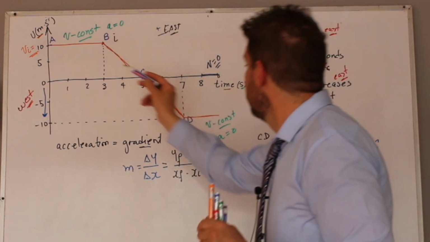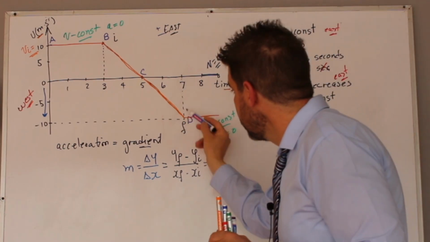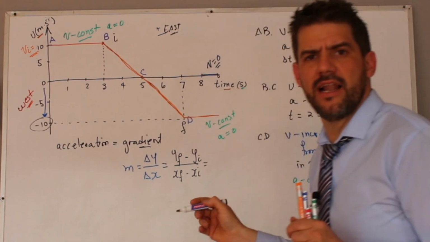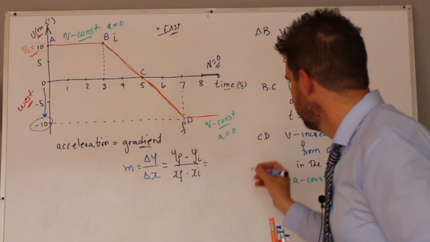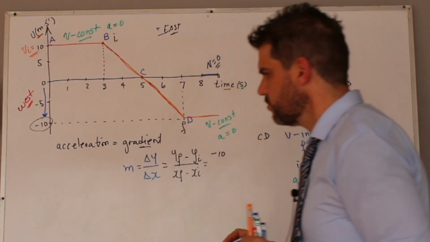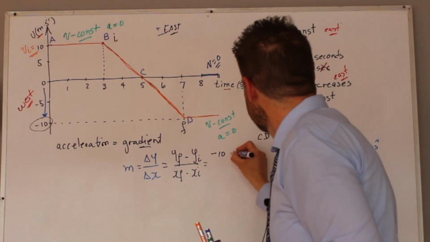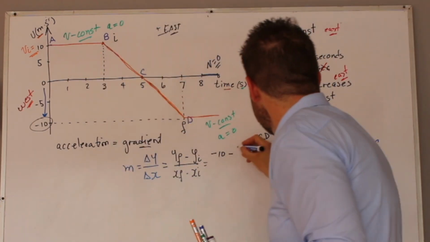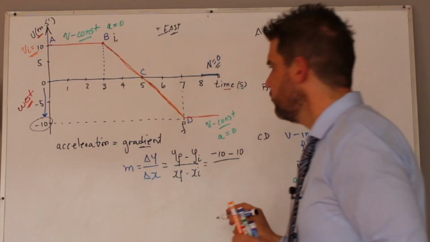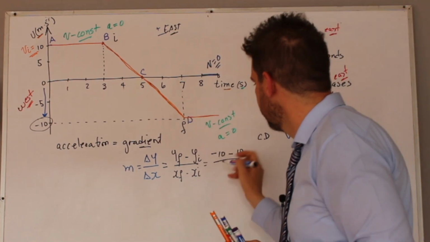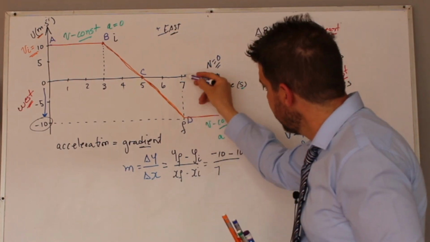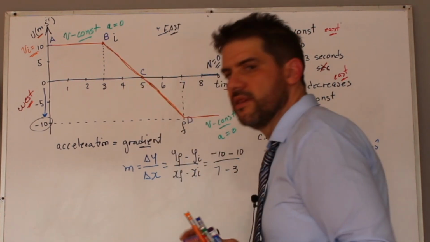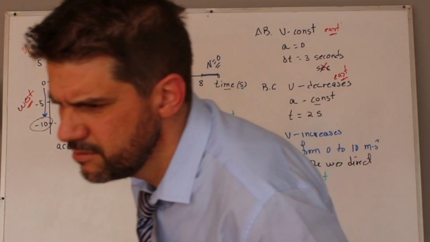It's from B to D. So the final will be 10, negative because the negative is there. So it's minus 10. Initial y, 10. Divided by x. Final x, 7. Initial x, 3.